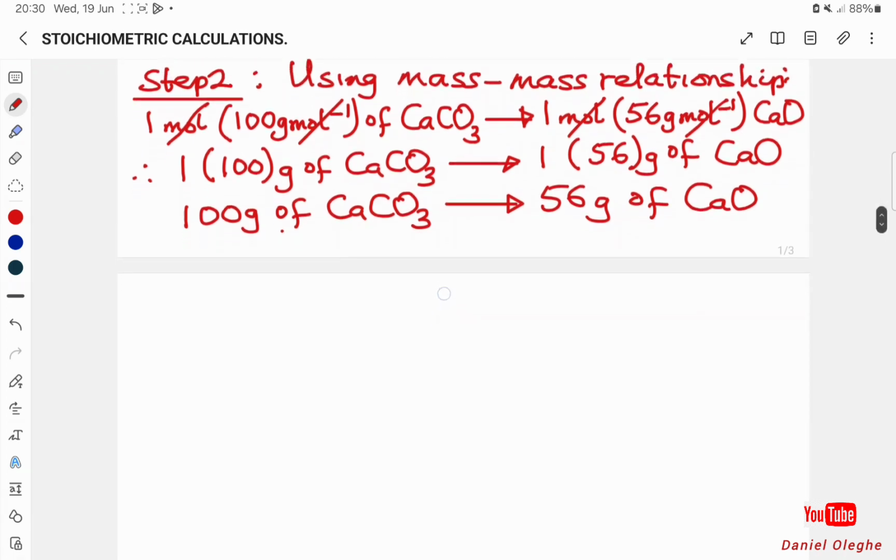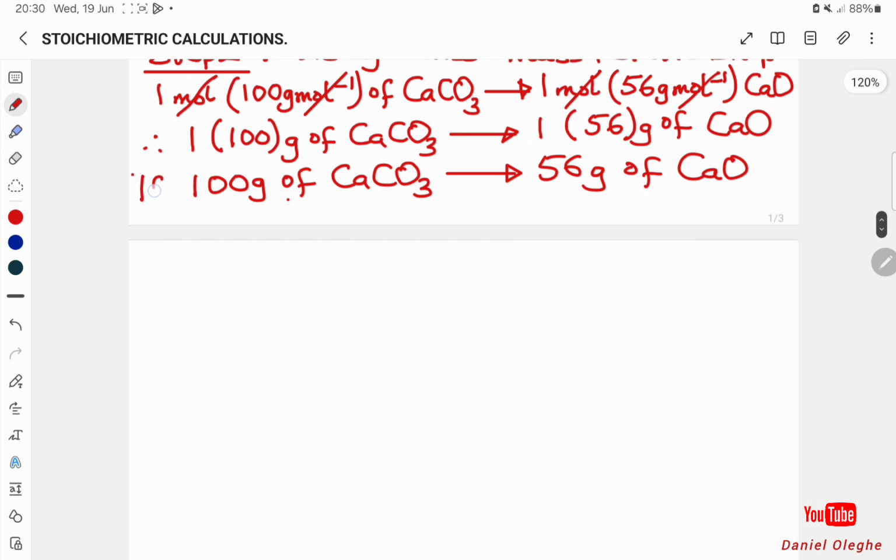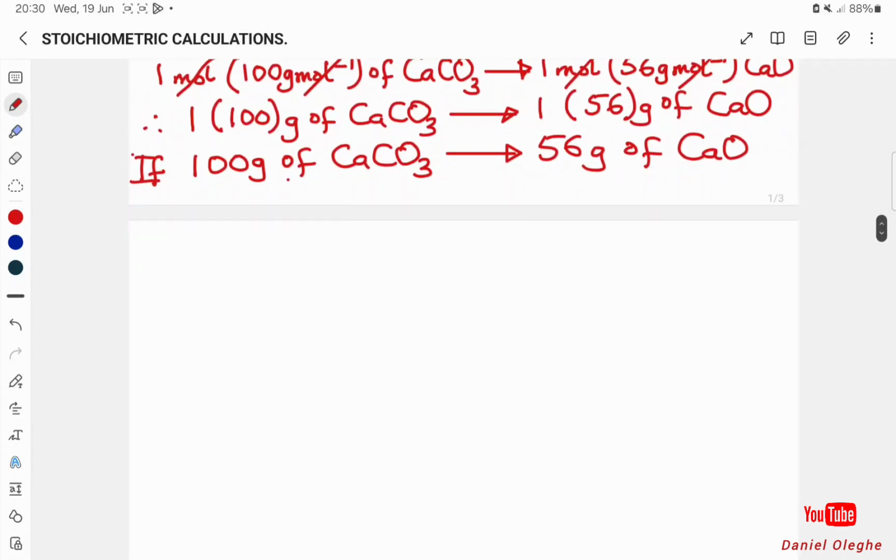So the next thing that you do is to go to the mass of the calcium carbonate put into reaction. So if 1 mole, which is 100 gram of calcium carbonate, is completely decomposed to produce 1 mole of calcium oxide, which is equal to 56 gram by our conversion.